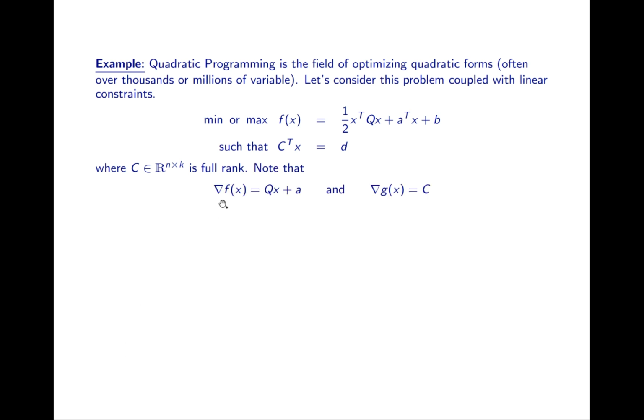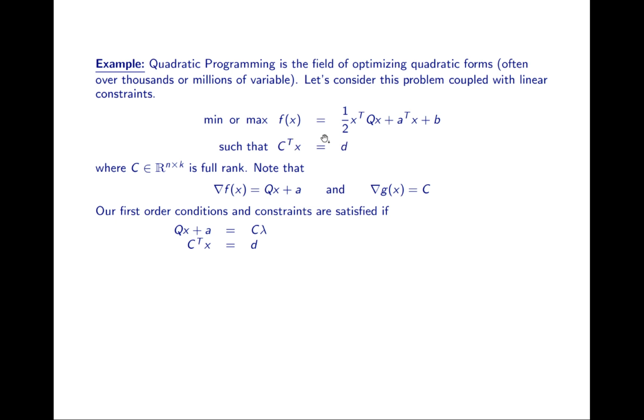Note that the gradient of f is equal to Qx plus a, and the gradient of g is equal to the matrix C. So our first order conditions and constraints are satisfied if Qx plus a equals lambda times C, or C lambda.